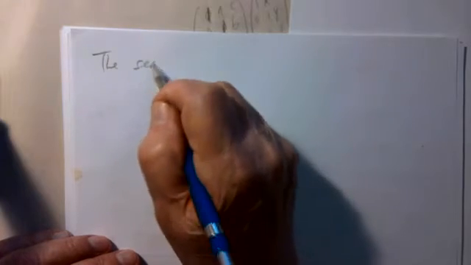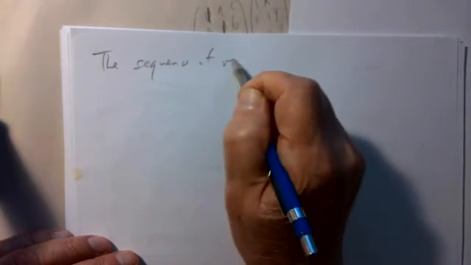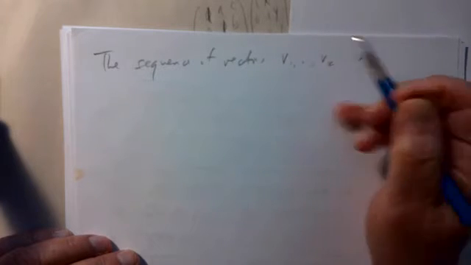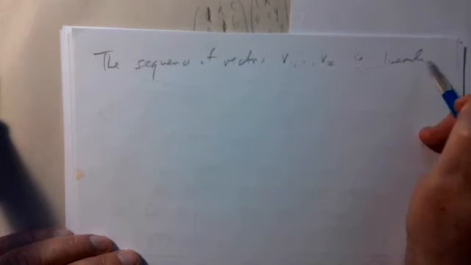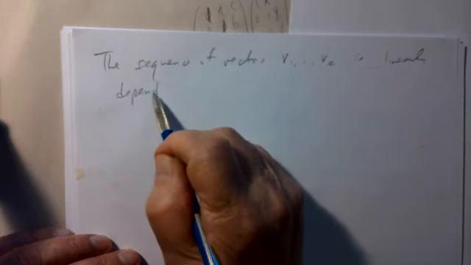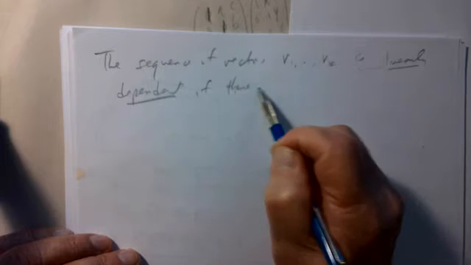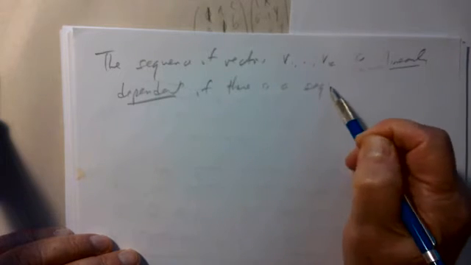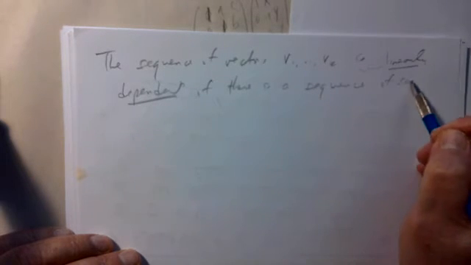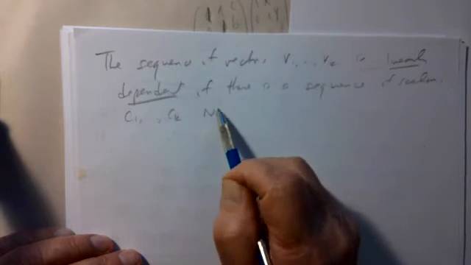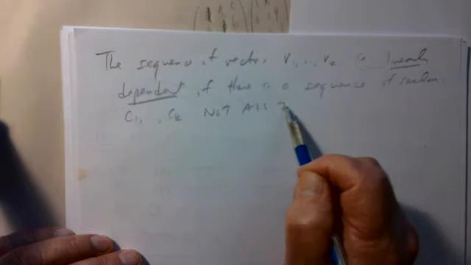And we say that the sequence of vectors V1 up to Vk is linearly dependent if there is a sequence of scalars C1 up to Ck, not all zero.